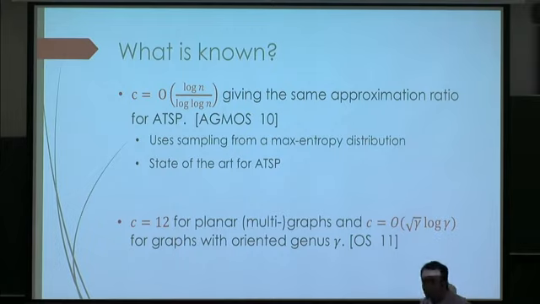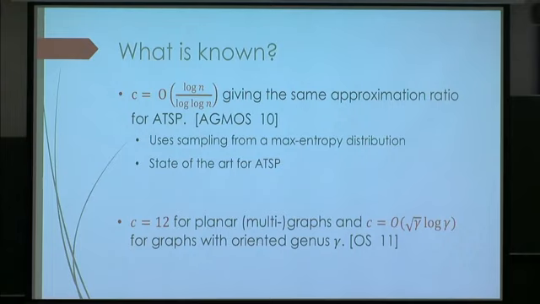Now, if your underlying graph is planar, you can do it for a constant. 12 is the best constant I know. And that gives a constant factor approximation algorithm for the asymmetric traveling salesman problem. So let's say the distances come from the shortest path in a weighted directed planar graph.